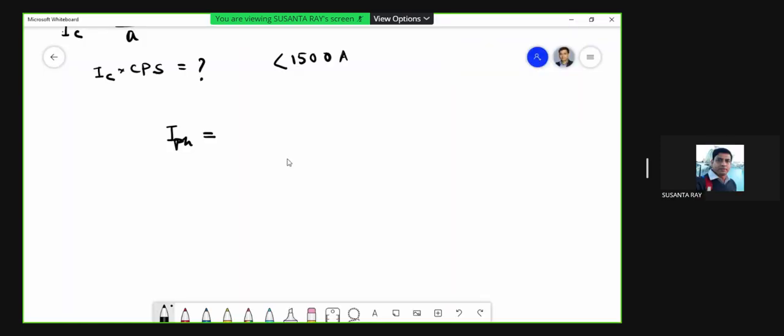For a DC machine, you need not calculate the phase current directly. You calculate the armature current. Then from the armature current you find out the cross-sectional area taking suitable current density.